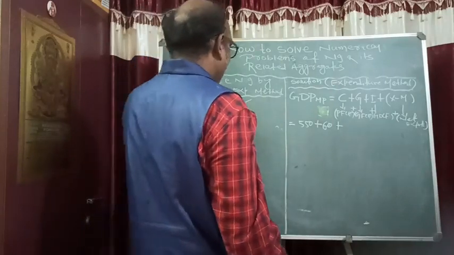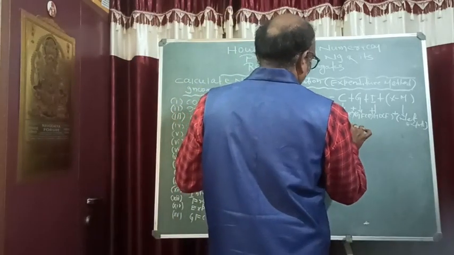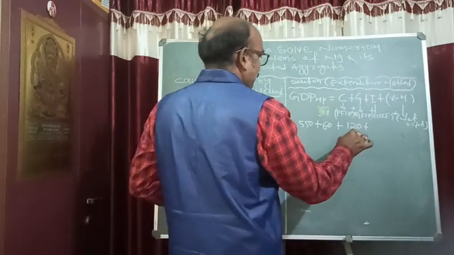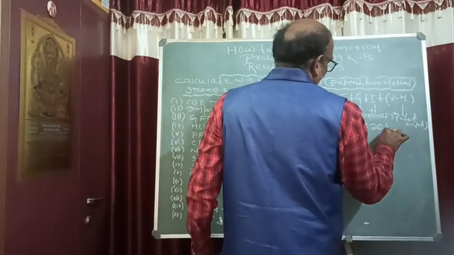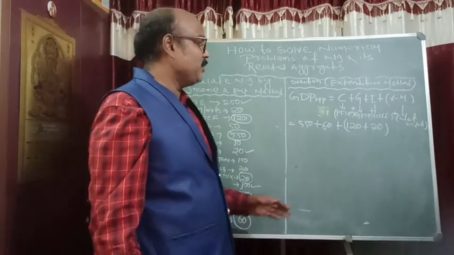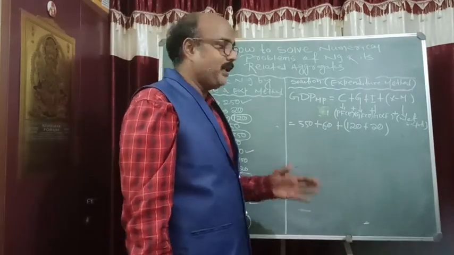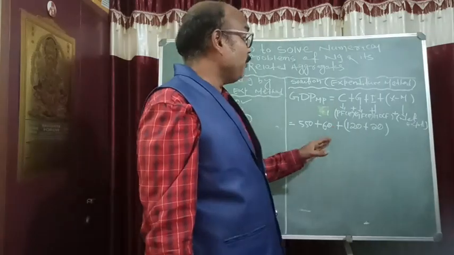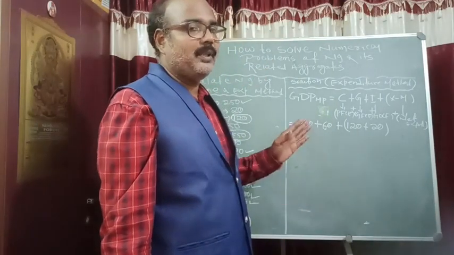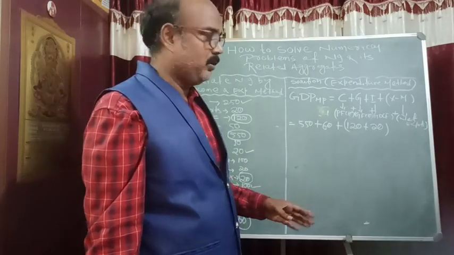Gross domestic fixed capital formation is 120 plus change in stock is 20. I have already told you in the expenditure method that your investment expenditure, otherwise called gross domestic capital formation, is the sum of two elements. One is gross domestic fixed capital formation and one is change in stock.